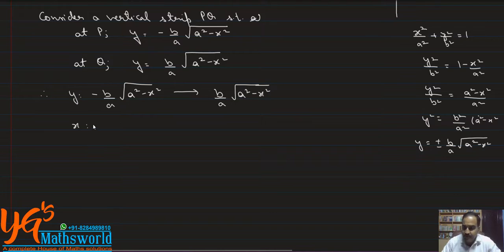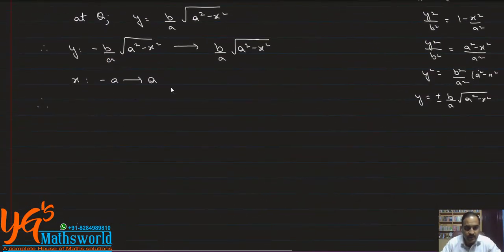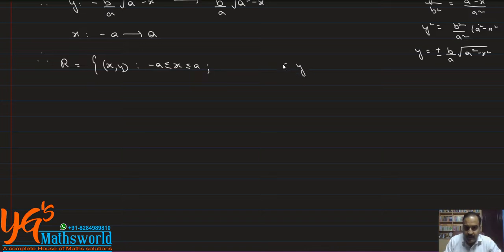Now x is varying from c to d, that is minus a to a. Therefore the region R is described by (x, y) such that x varies from minus a to a, and y varies from minus b upon a root of a square minus x square to b upon a root of a square minus x square.